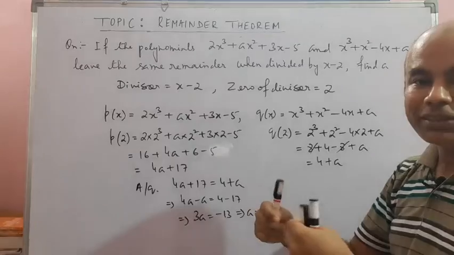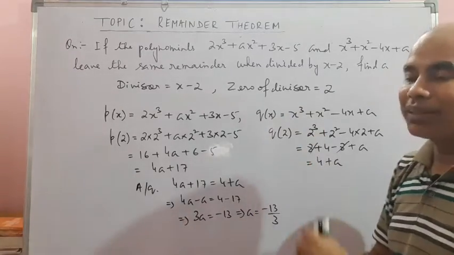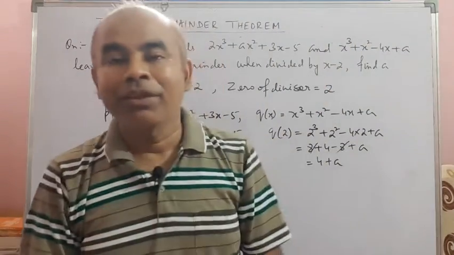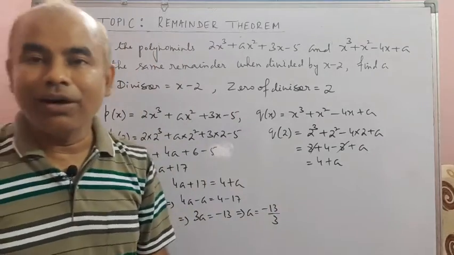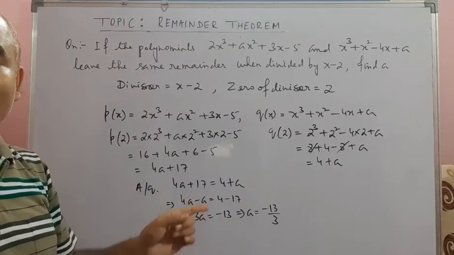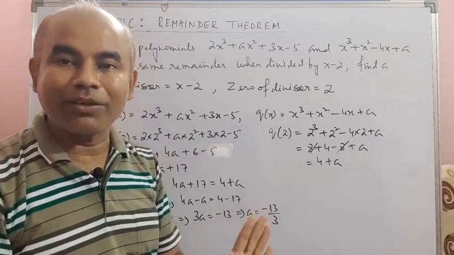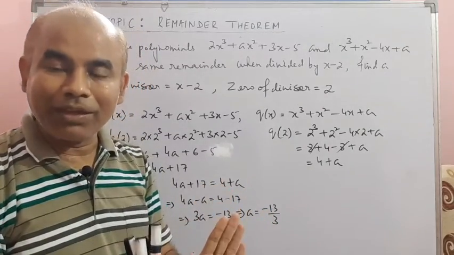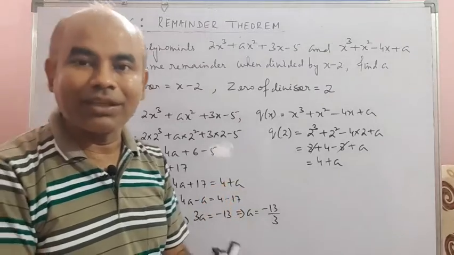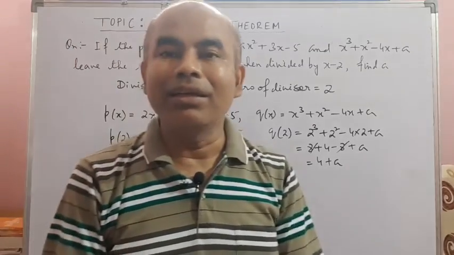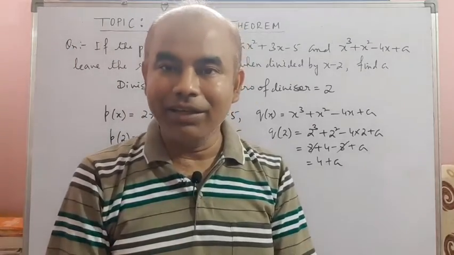Just the conditions will be different, but the type of question is the same. Okay students, so this much for our remainder theorem. I discussed the remainder theorem, the meaning of the statement, with some examples. Hopefully this theorem is now clear to you.